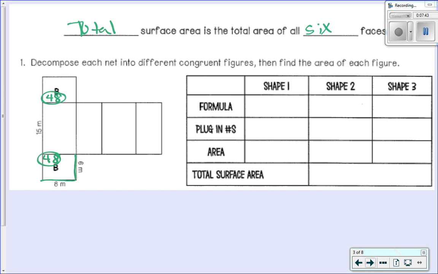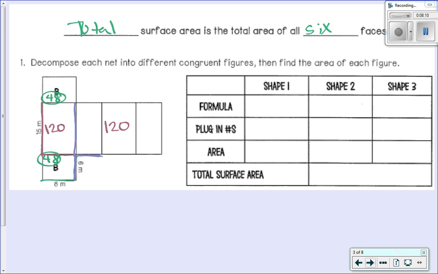And then we have this is 8 times 15, which gives us, did you get 120? Okay, and which one is opposite and congruent? This one, right? Here. Again, this is 15 times what? What is this right here? 6. Good, because it folds right there.